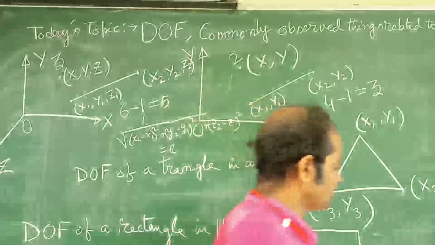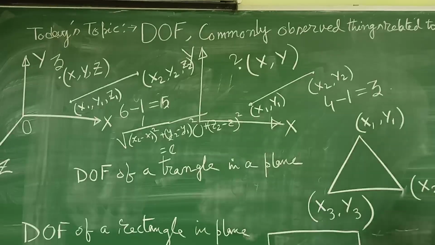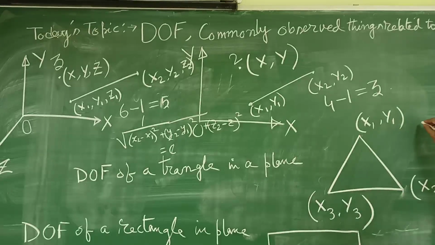So how many degrees of freedom is your triangle going to have? What you are going to get is that all these 6 points, there are 6 coordinates, minus the constraints.